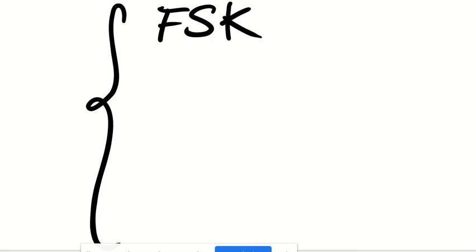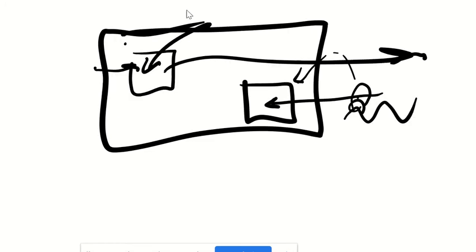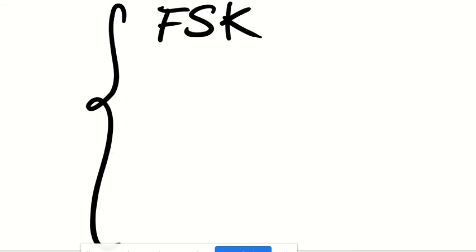I'll talk more about frequency shift keying later, but you have already heard about it, right? The ones are one frequency, the zeros are another frequency. That's frequency shift keying. So that's one way of sending your data out. There's another one that is called PSK, phase shift keying.